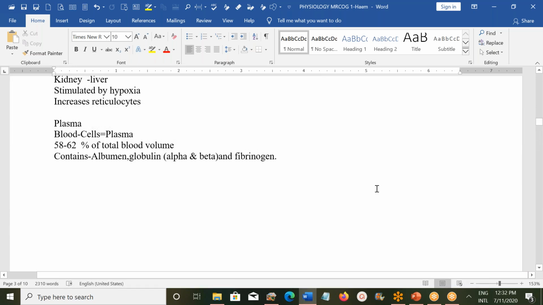So how do we absorb iron from the body? Iron absorption is hindered by phytates, phosphates, and bicarbonates. And iron absorption is promoted by vitamin C and hydrochloric acid. Hydrochloric acid makes the iron more soluble, and ascorbic acid or vitamin C reduces the iron from ferric to ferrous form, which is less likely to form insoluble complexes.